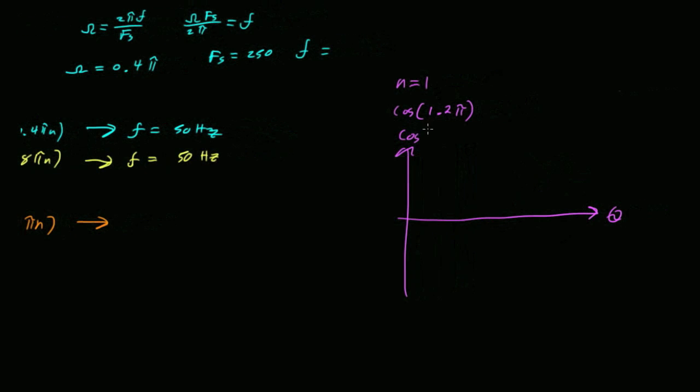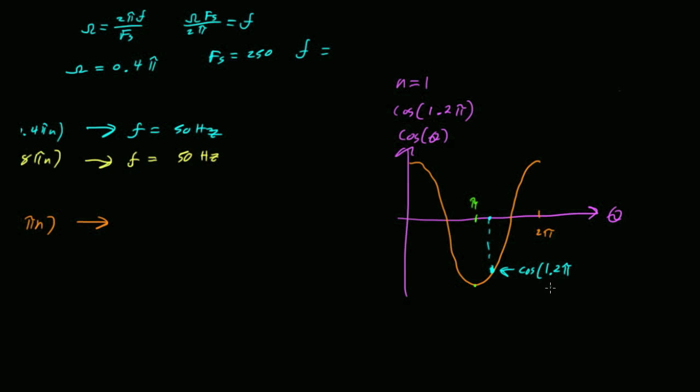If this is cosine of theta, what's this angle? What's the period of cosine? That's 2 pi. This is pi. And this number right here is the cosine of 1.2 pi. Does that equal some other cosine?